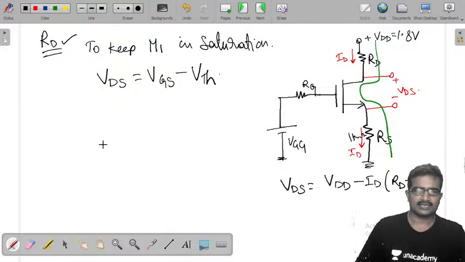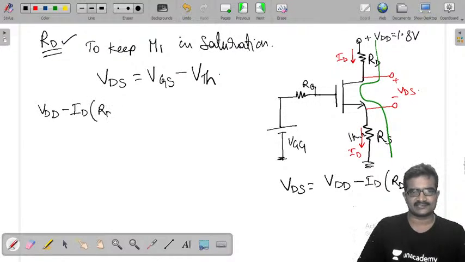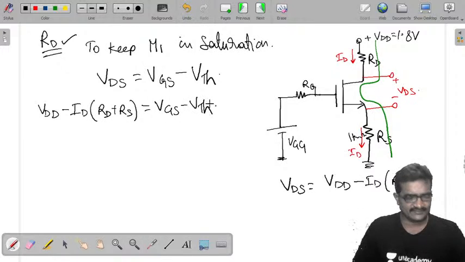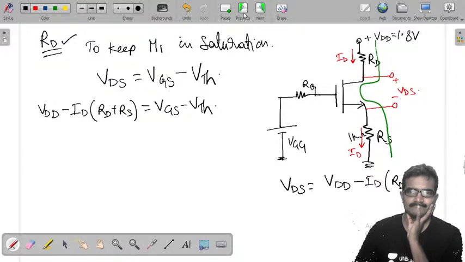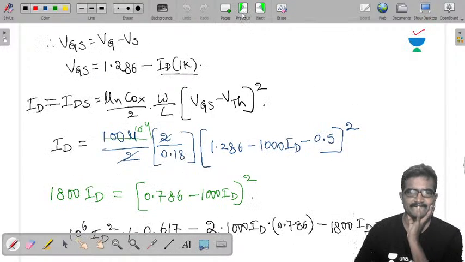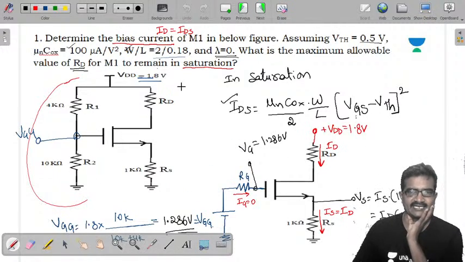Now VDD minus ID times (RD plus RS) should be greater than or equal to VGS minus VTH. It should satisfy this condition.